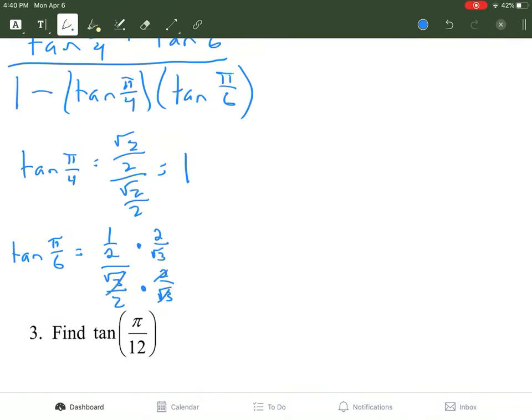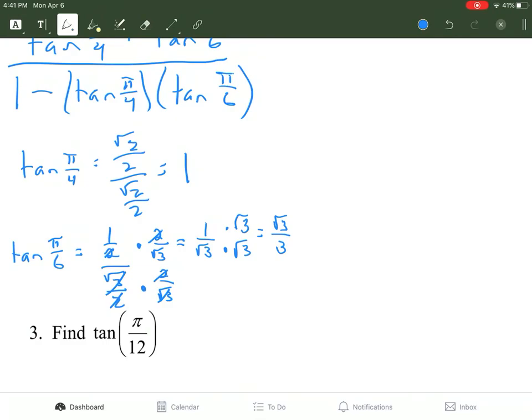The 2's get canceled out, and you multiply straight across. You have 1 over the square root of 3. Unfortunately, you can't leave square roots in the bottom of your fractions, so you multiply by the square root of 3 top and bottom, which gives you square root of 3 over 3. And that's what the tangent of pi over 6 is.